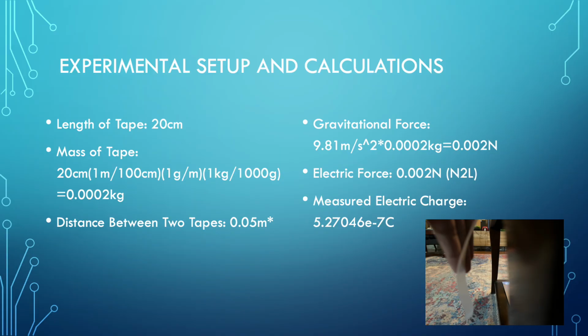So we should find that the electric force is equal in magnitude to the gravitational force, but in the opposite direction. This tells us the measured electric charge, and we can dig into the calculation for that because it's going to come up again in our programming and simulations.